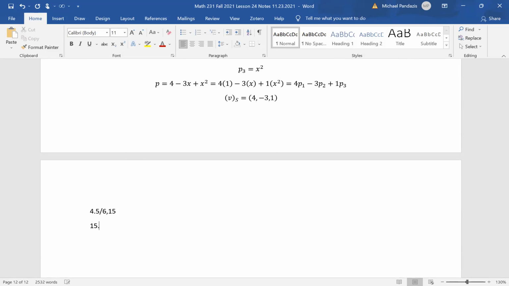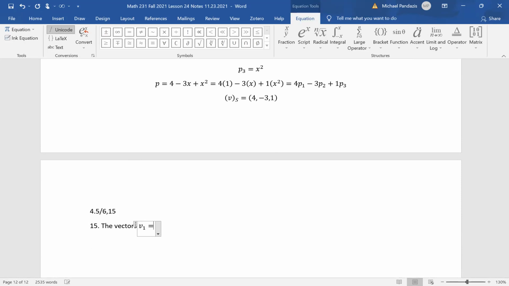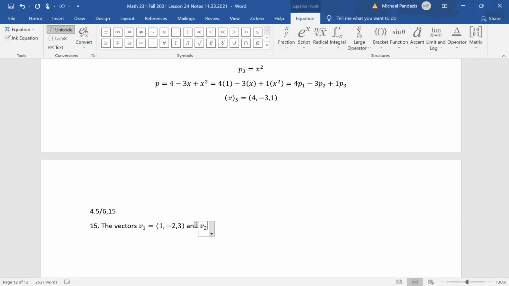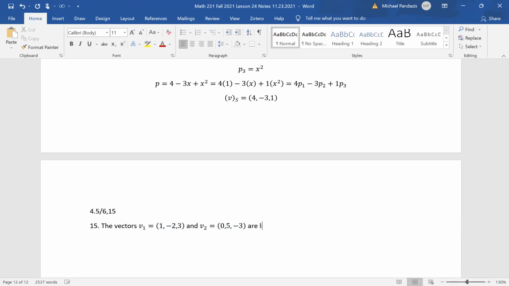For number 15, it says the vectors v1 is equal to 1, negative 2, 3, and v2 is equal to the vector 0, 5, negative 3 are linearly independent, right?